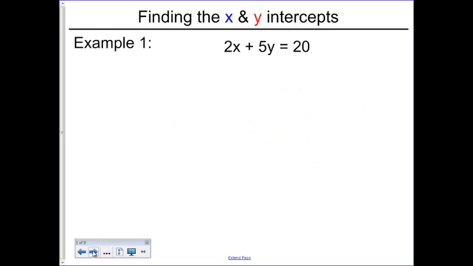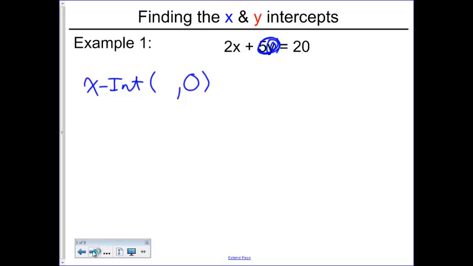First example, finding the x and y intercepts. We did say that standard form allows you to find the x and y intercepts very quickly. One thing you need to know is at the x-intercept, we're going to abbreviate that xint, the value of y has to be 0. So basically, we're going to put a 0 in place of y, and 5 times 0 is just 0.